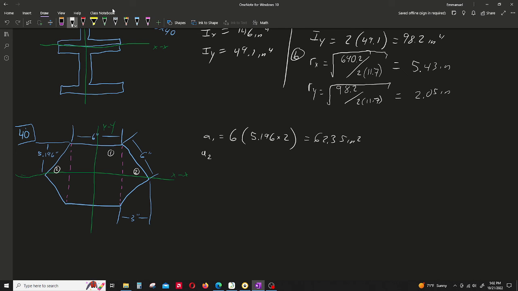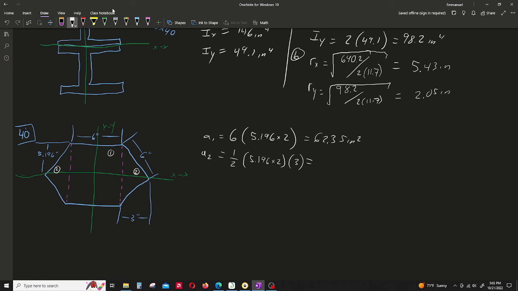Area 2 is going to be 1/2 base times height, right? And of course there's 2 of those, so we have 1/2. The base is 5.196 times 2. So again, this is 5.196 times 2, the height being 3.